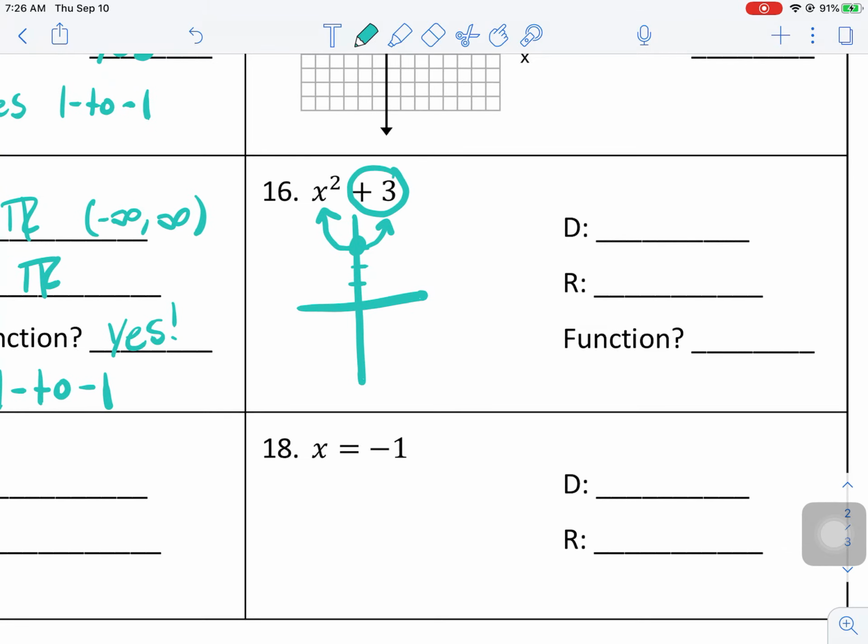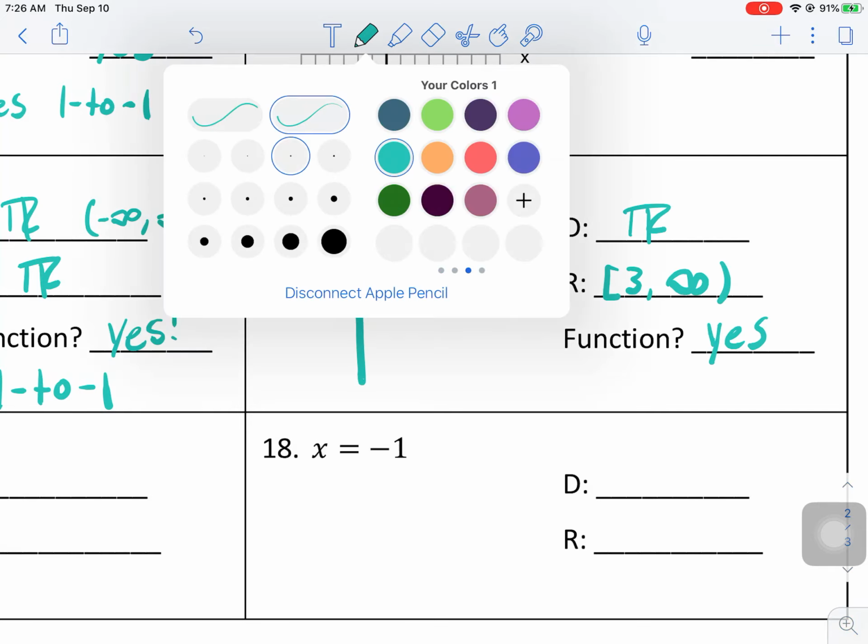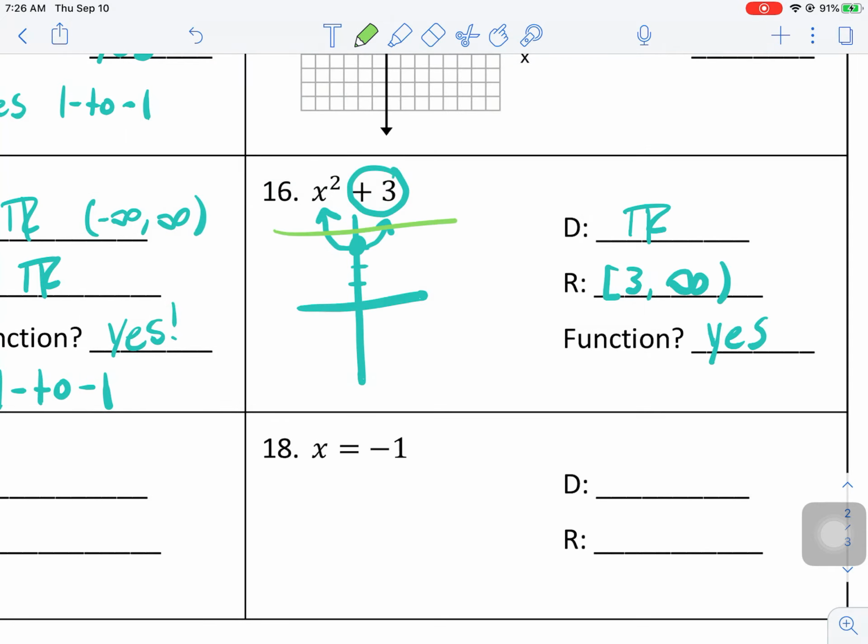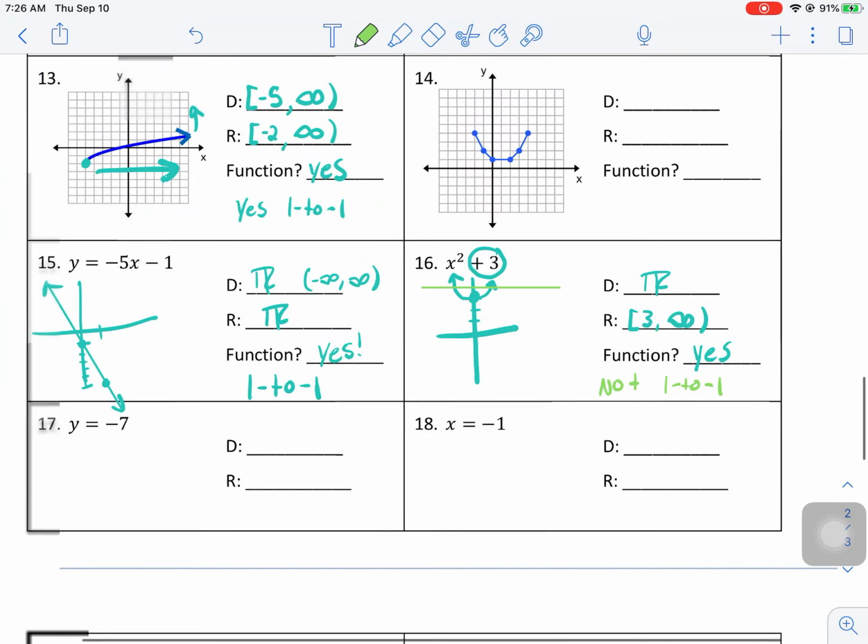And so then we can write the domain and range. It's going to go to the left and right forever, so all real numbers. Range, it's going to start at positive 3 and then go up forever. So 3 to infinity. And then is this a function? Yes. Right? The one thing that this thing doesn't do, though, is it does not pass the horizontal line test. So it's not one-to-one.